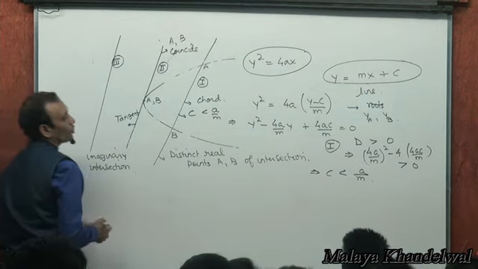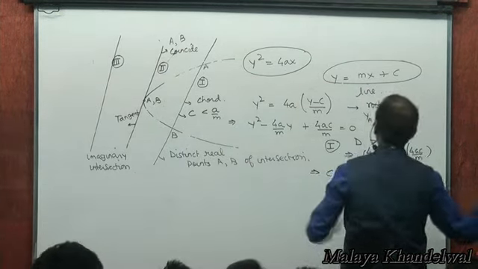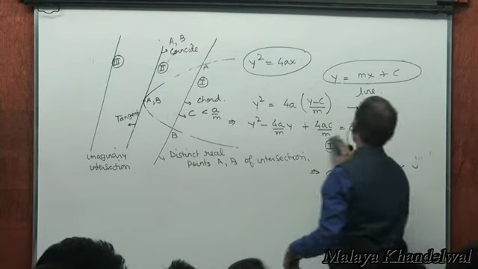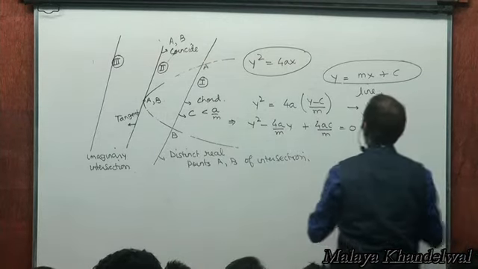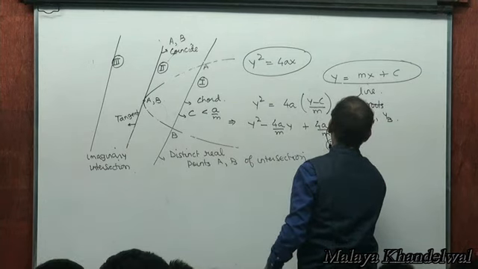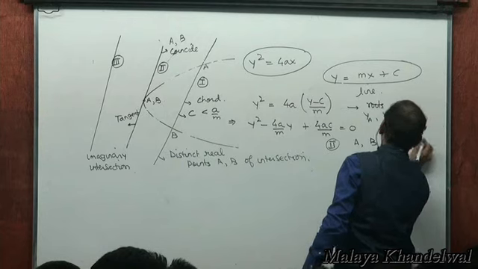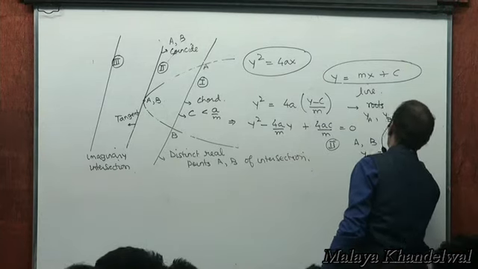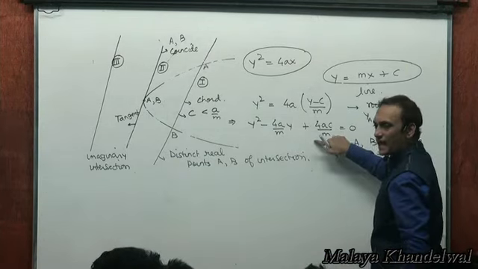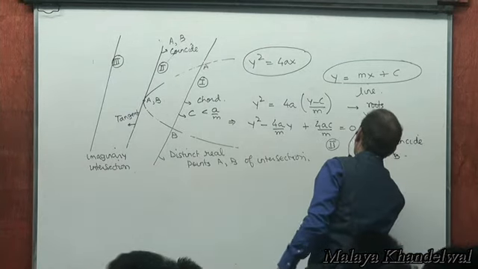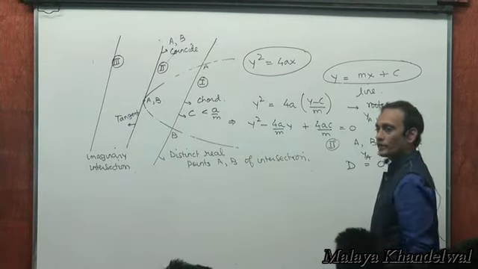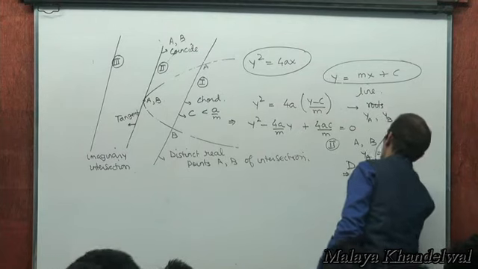Now, for config 2, a and b must be coincident, that is, y of a equals y of b. This quadratic must have equal roots, so the discriminant must be equal to 0, and that will give you c equal to a by m.